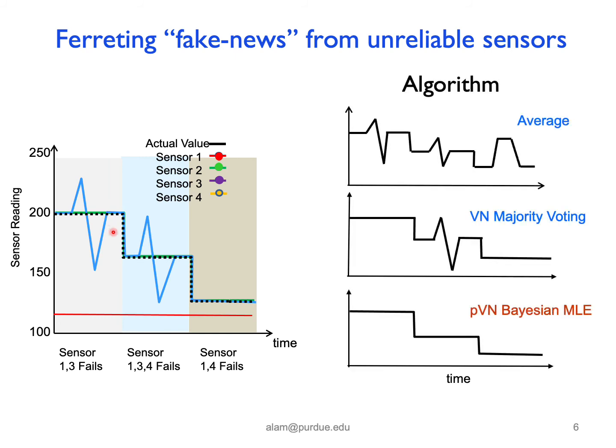If you try to take an average or a majority voting, it will not really work very well. Instead, if you use a Bayesian MLE, which will give you the averaging based on the historical credibility of the sensors, that will give you a much better estimate of the unknown analyte concentration.